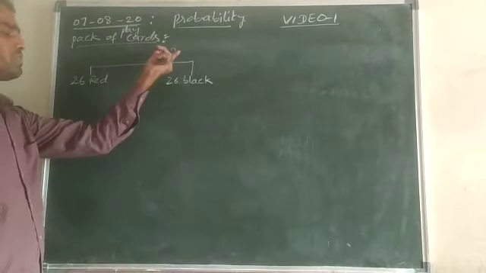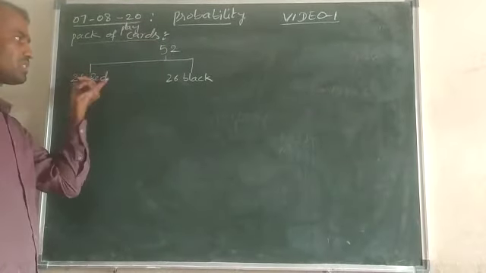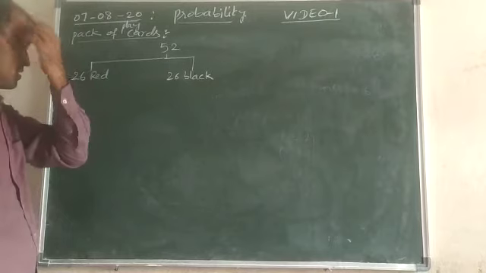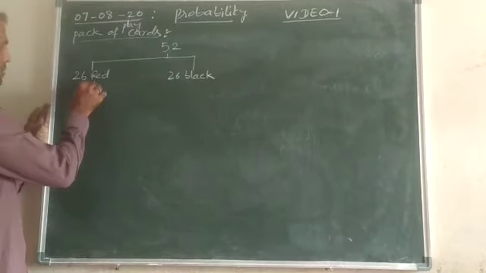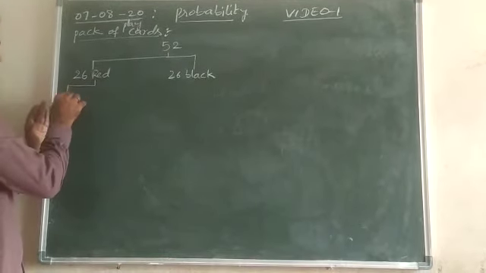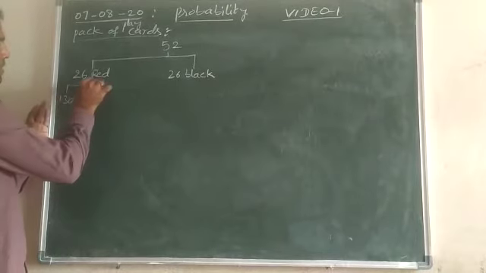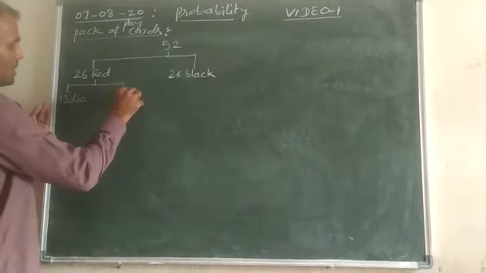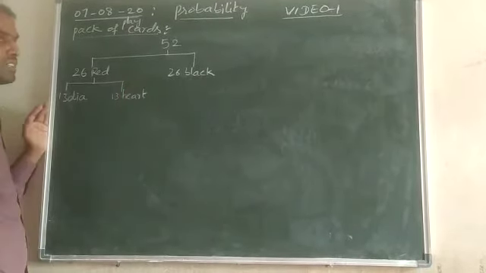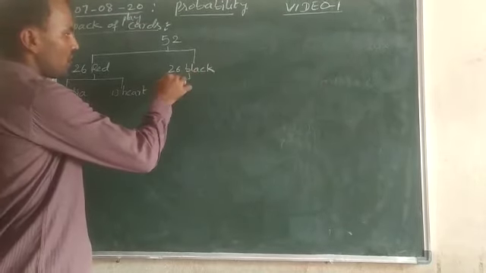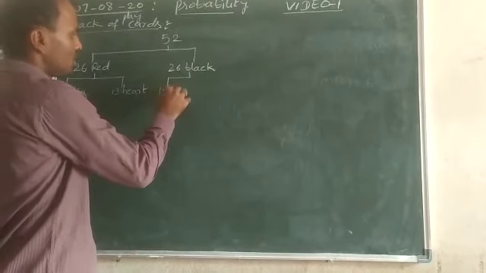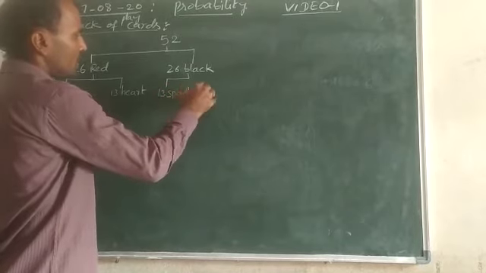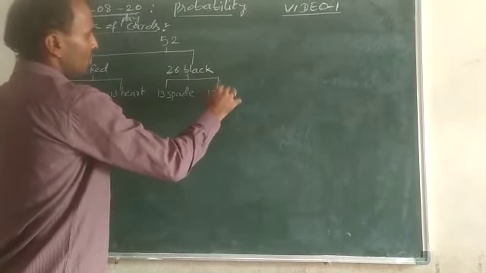Now in these 26 red cards we have 13 diamond and 13 heart cards. Next, in 26 black cards we have 13 spade cards and 13 club cards.